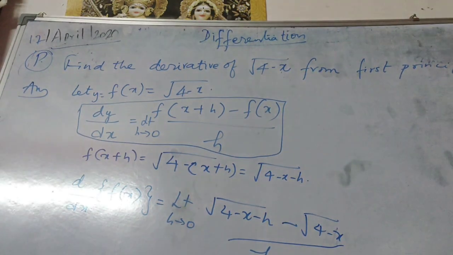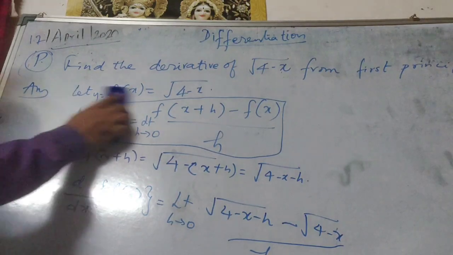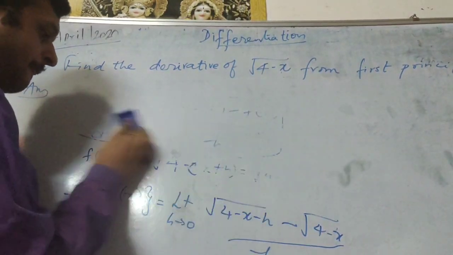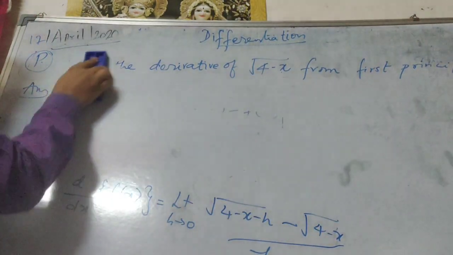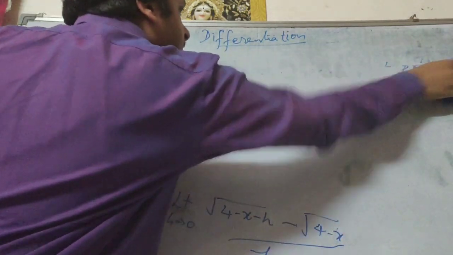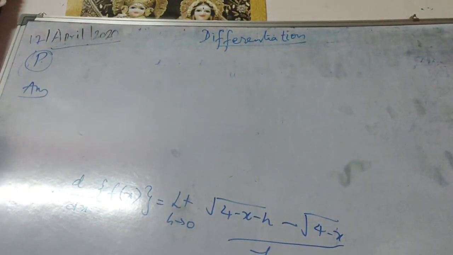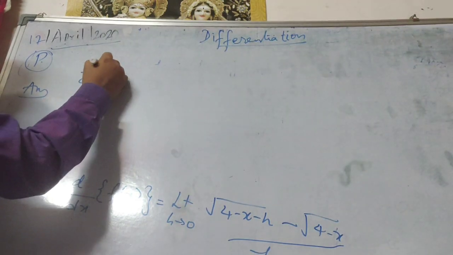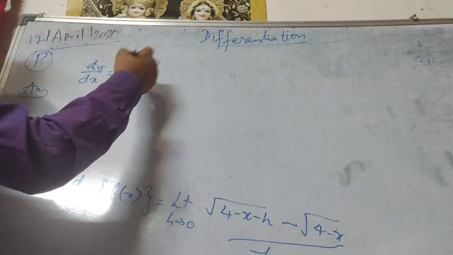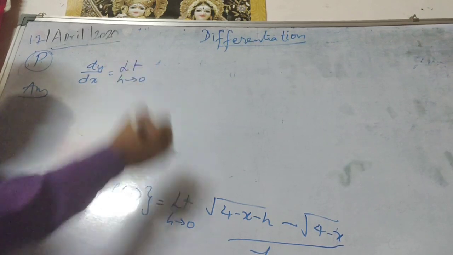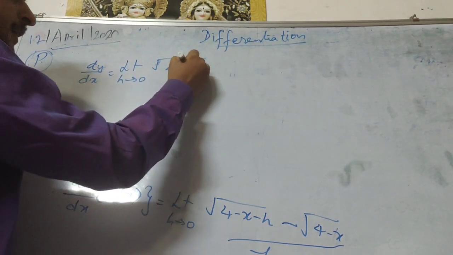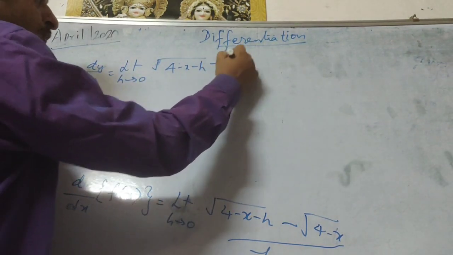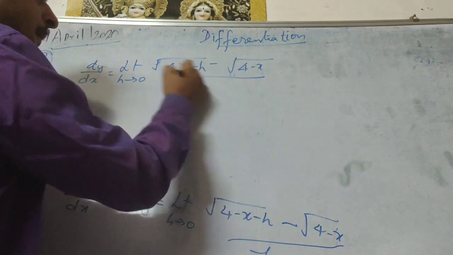Now I write directly dy by dx equals limit h tends to 0 of root of 4 minus x minus h minus root of 4 minus x by h.